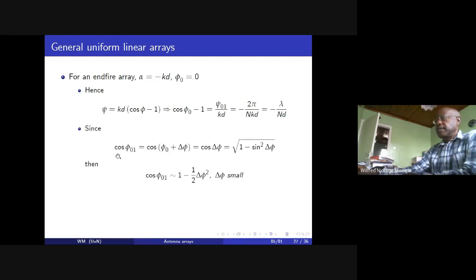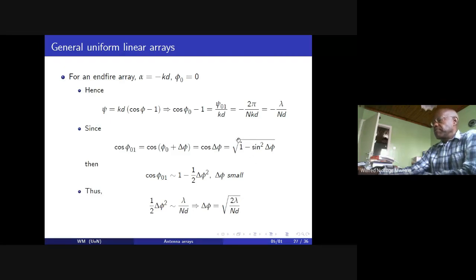Since the cosine of phi naught 1 is equal to cos of phi naught plus delta phi, the cosine of delta phi is given by the square root of 1 minus sine squared of delta phi. In other words, we can get cosine of phi naught 1 equal to 1 minus half of delta phi all squared, when delta phi is small.